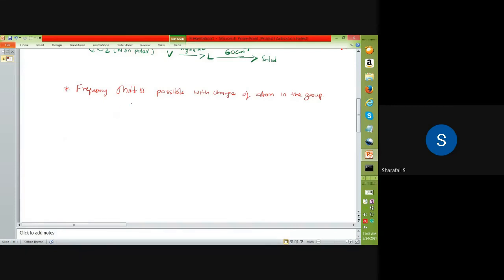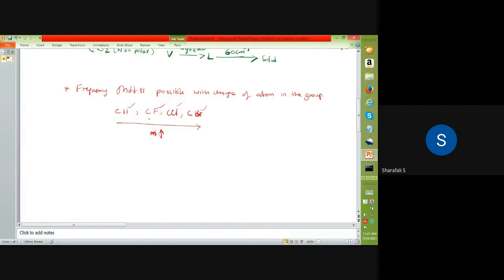For example, CH, then CF, then CCl, as in CCl4 or something, and then CBr. In this order, hydrogen has less mass than fluorine, than chlorine, than bromine. So in these cases, the mass is increasing while moving in this direction.